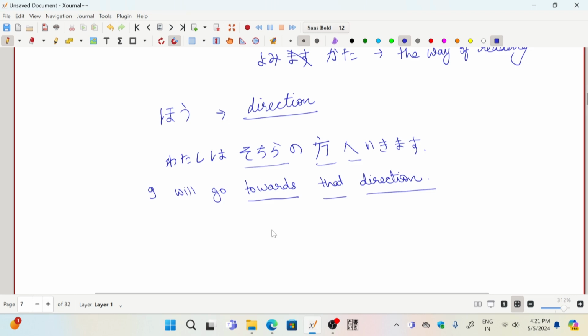Next kanji you will do is kanji of muko. First, second, third.